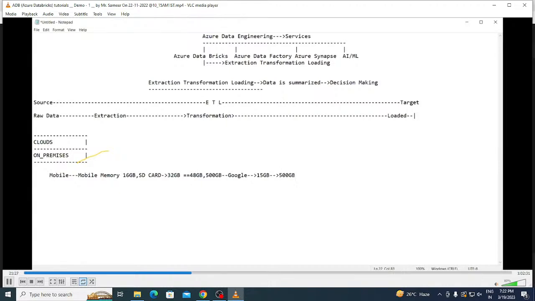So Google will provide you 500 GB of memory free of cost, or they will charge something for it? They'll charge. That means after 15 GB, even if you store 0.1 MB also, then it is going to charge you. So you can buy the space on the Google Drive by paying some cost.